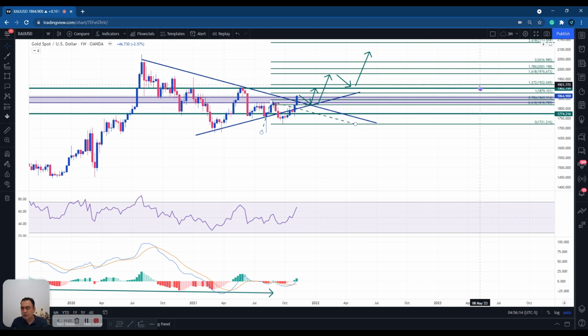Then next comes 1922 and 1976. 200% is the 2000 level. Let's target this line first, which is 1900. So 1879 to 1900. It's bullish now, definitely bullish. We do not have anything against.